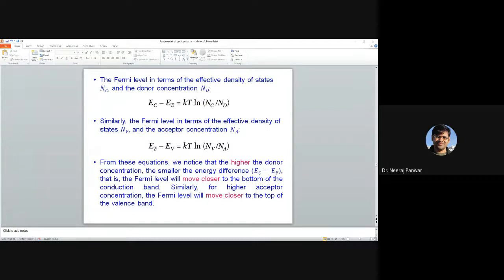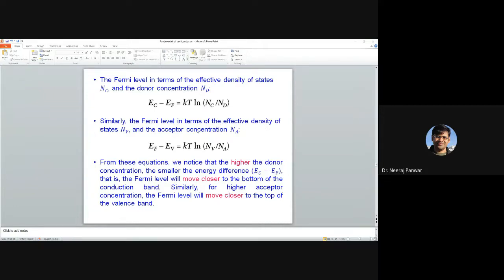So Ec minus EFn is equal to kBT, where kB is the Boltzmann constant, times T, natural log of the effective density of states at conduction band divided by Nd, that is donor concentration. Similarly, for p-type semiconductor, EFp minus Ev is equal to kBT natural log Nv over Na.